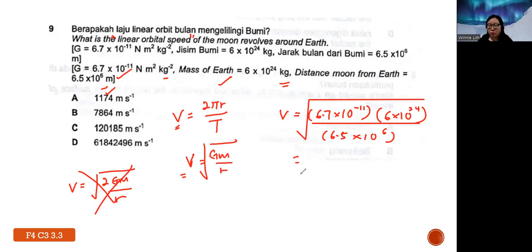You do it step by step slowly, and you will have fewer mistakes, especially those of you who do not really like to press the calculator. But if you do not face problems pressing the calculator, then it's still okay. You can use your way. So finally, you're supposed to get 7864.2326 meters per second, but the options simplify a bit, they round off a bit. So your answer will be B.